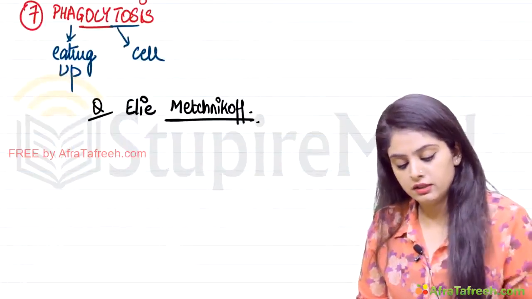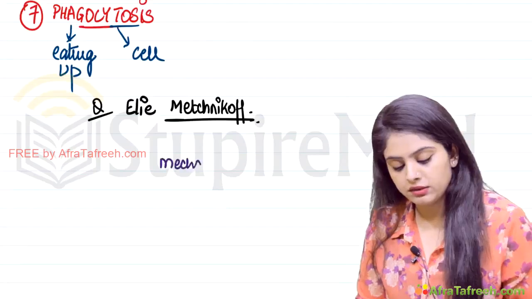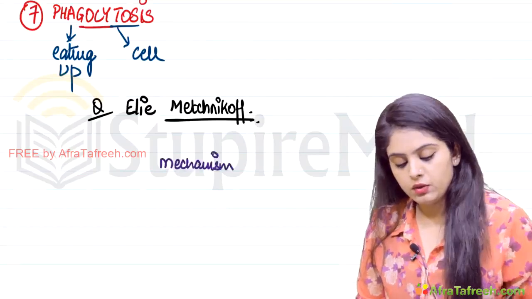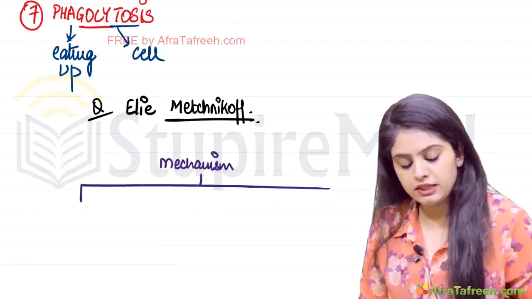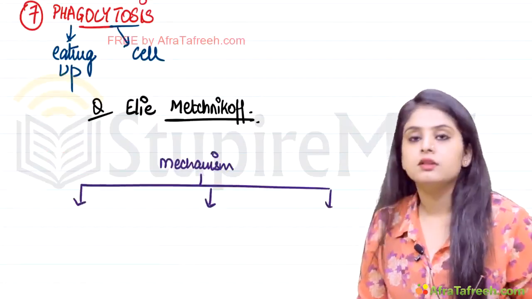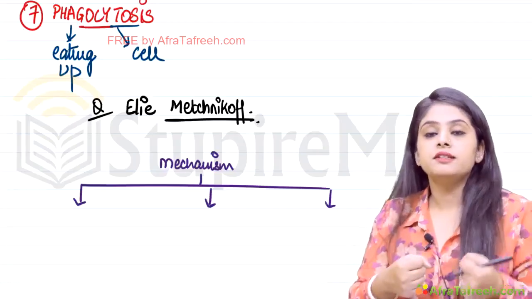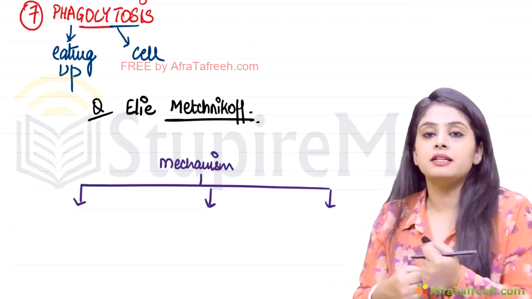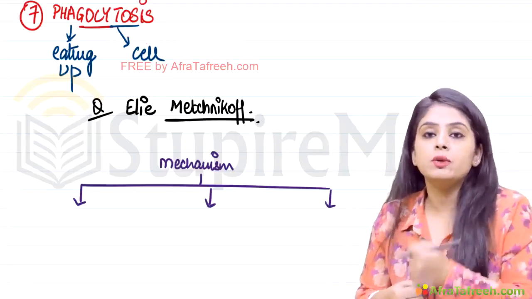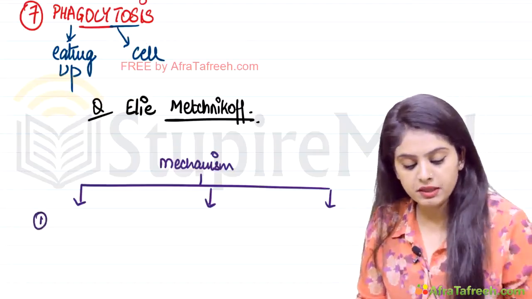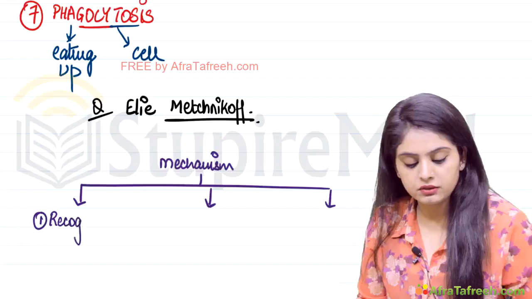Now let's go into the mechanism of phagocytosis. We are going to divide it into three categories. If there is a cell and there is a bacteria, the first thing is that the cell must recognize the bacteria, that yes, this is the bacteria I want to eat. So the first step becomes recognition.